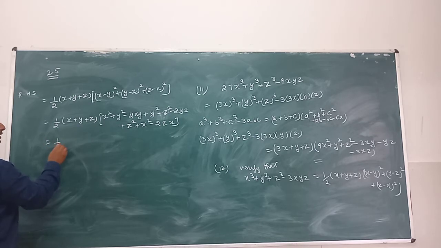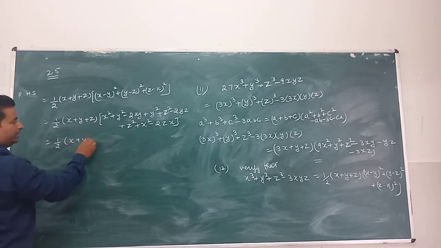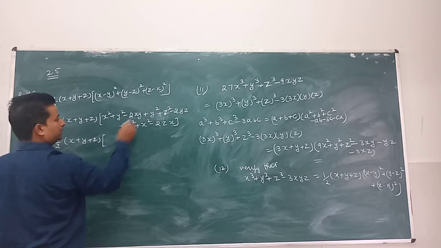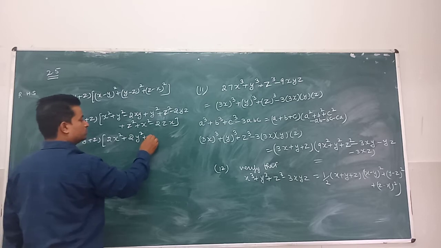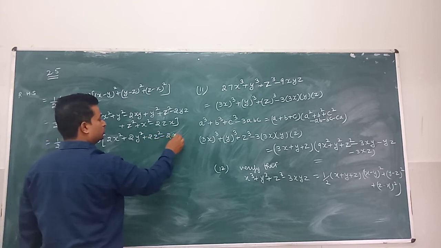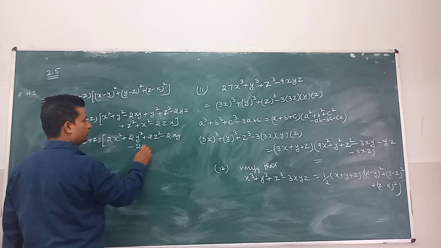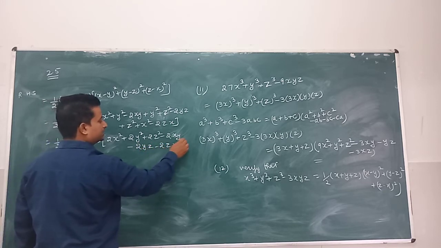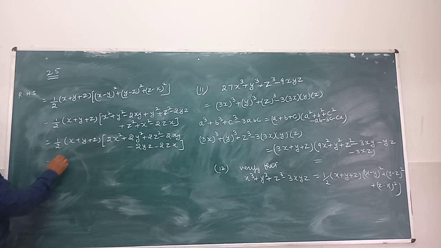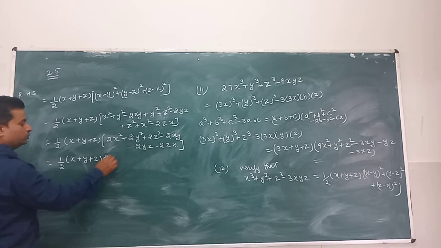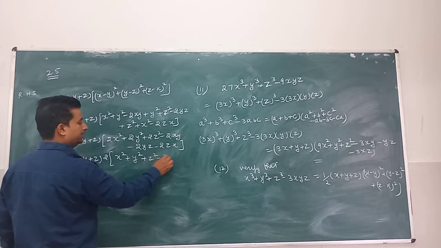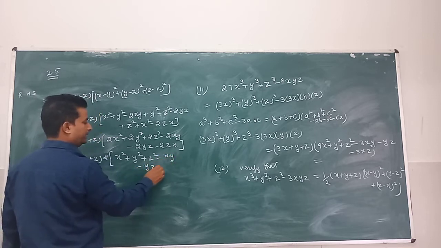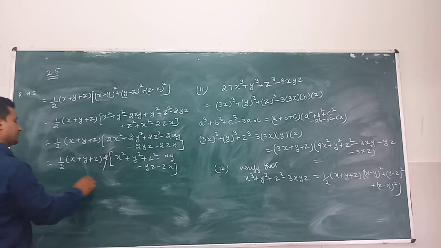So this is 1/2 (x plus y plus z) times 2x square plus 2y square plus 2z square minus 2xy minus 2yz minus 2zx. When we take 2 common, x plus y plus z times x square, y square, z square, xy, yz, zx. So the 2 cancels out.